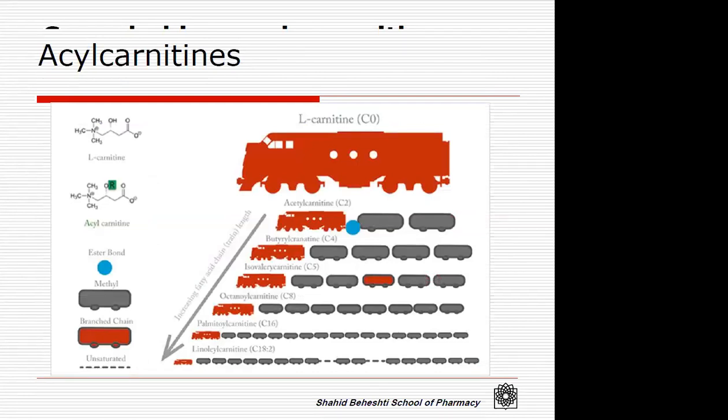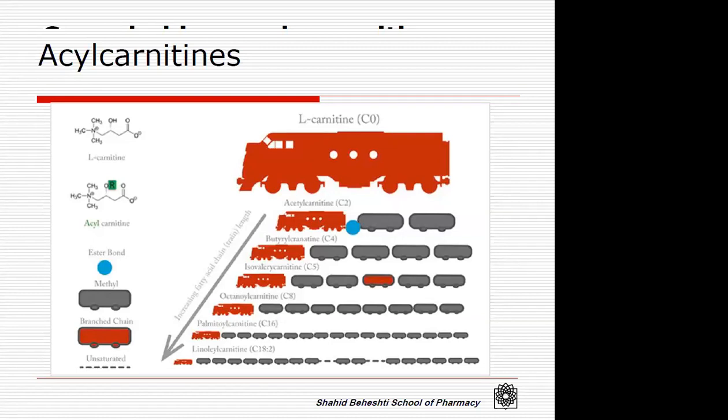The second class of biomarkers measured in metabolic disorders is acylcarnitine. Carnitine is the shuttle for fatty acids to be transferred to the mitochondria, as everybody knows. When we talk about the metabolism of fatty acids, carnitine has a crucial role in taking the fatty acids and transferring them to the mitochondria for the beta oxidation process, and then we get energy out of fatty acids.